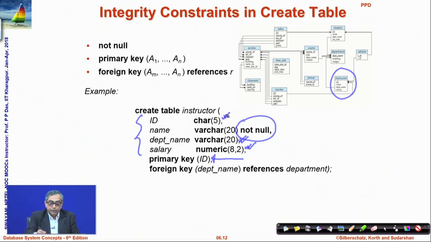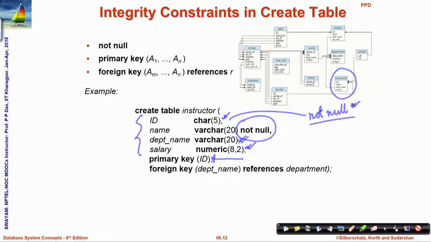So, you do not need to write not null here, because it is a primary key, it will be known to be not null. Certainly, we have discussed that a key is the distinguishing attribute in a database table. So, it cannot be null, otherwise it will not be able to distinguish.